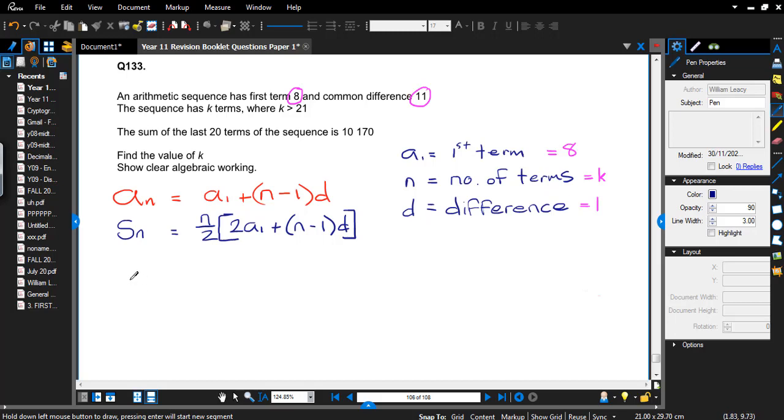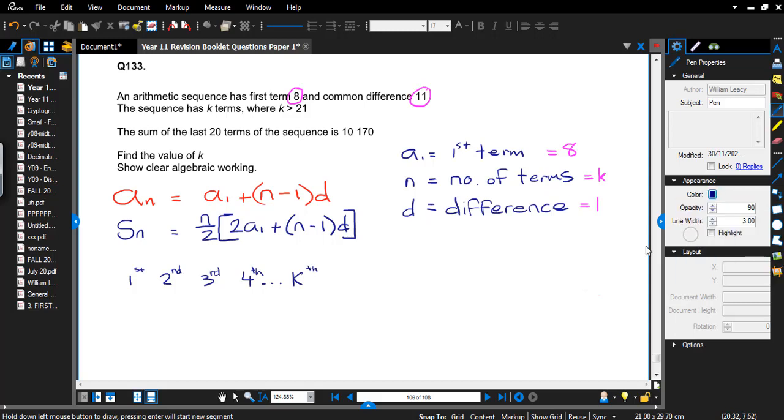You're going to have the first term, the second term, the third term, the fourth term, dot dot dot, and eventually the kth term.